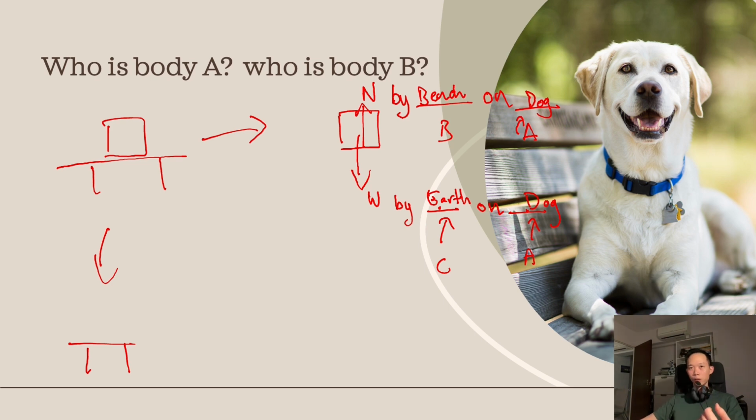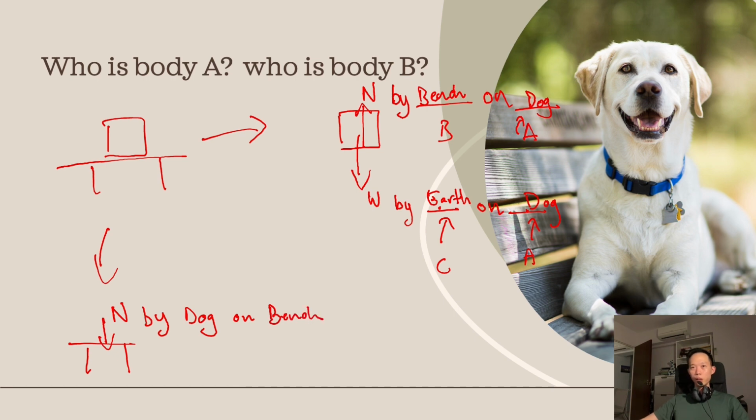Let's look at the bench now for an example. So the bench is experiencing a downwards pushing force due to the dog resting on top of the bench. So this dog is going to push down on the bench, and the bench is going to experience this downwards force N. And this is the normal contact force exerted by the dog on the bench.